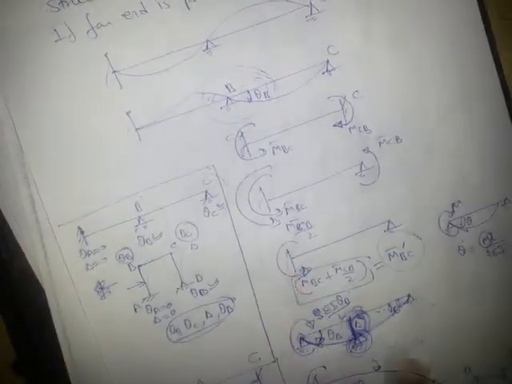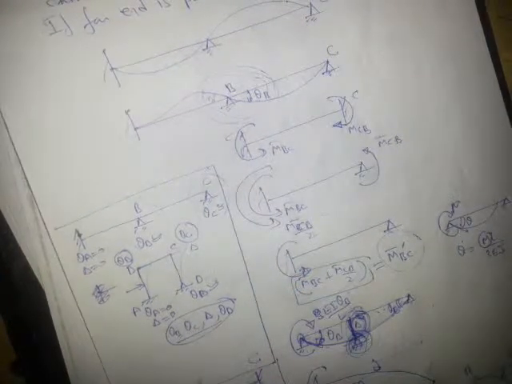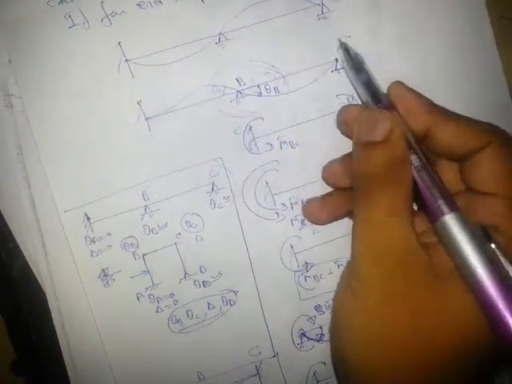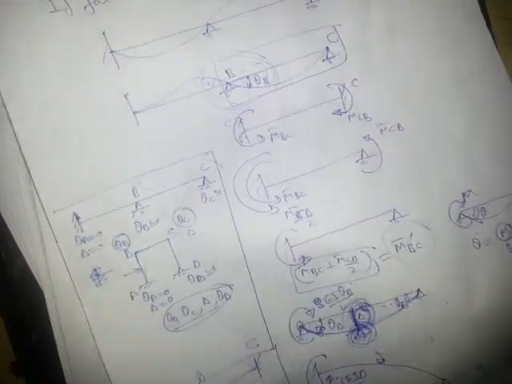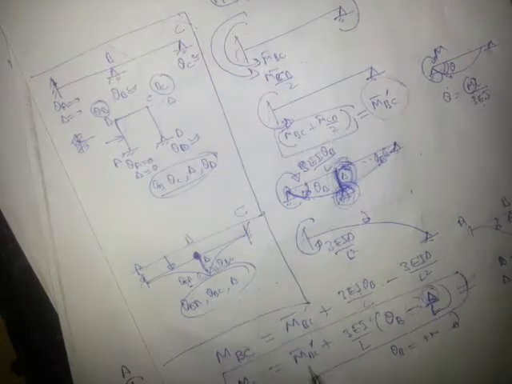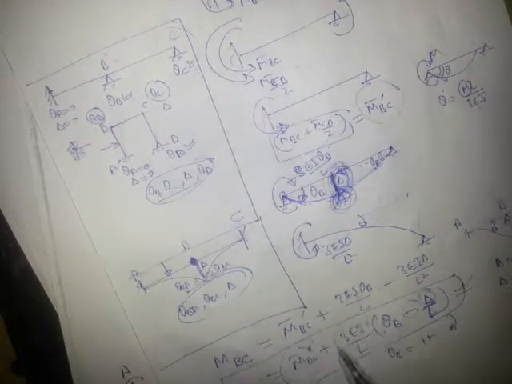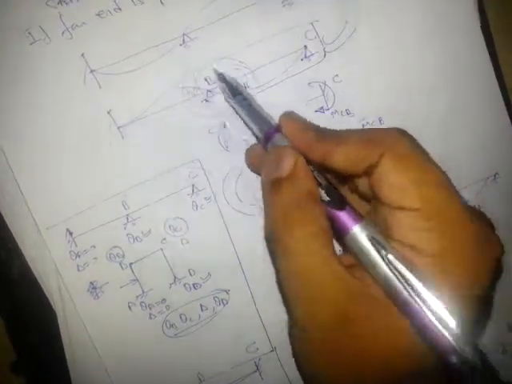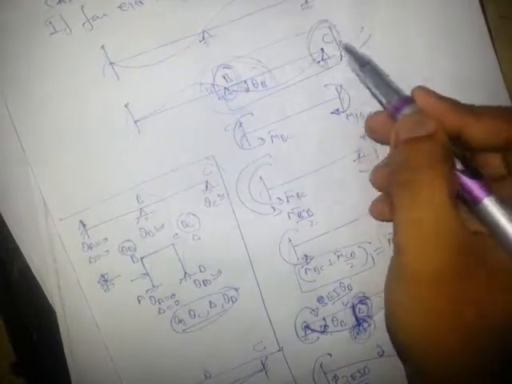This was the modified equation, meaning if the far end is purely hinge, we will write this equation, MBC, equal to M bar dash BC plus 3EI divided by L into theta B. Note theta C. In our question only this theta B will be present, this theta C will not be present.